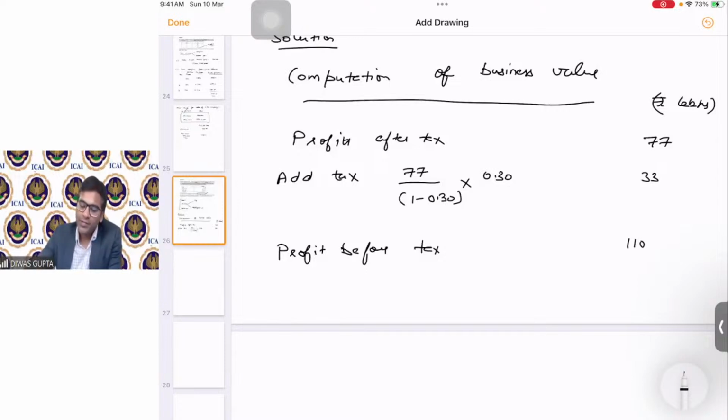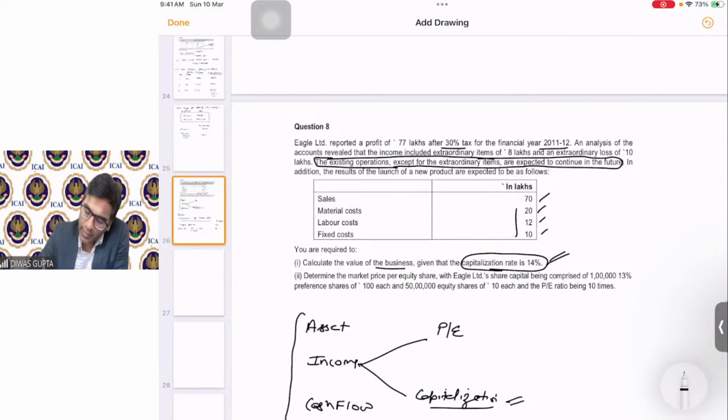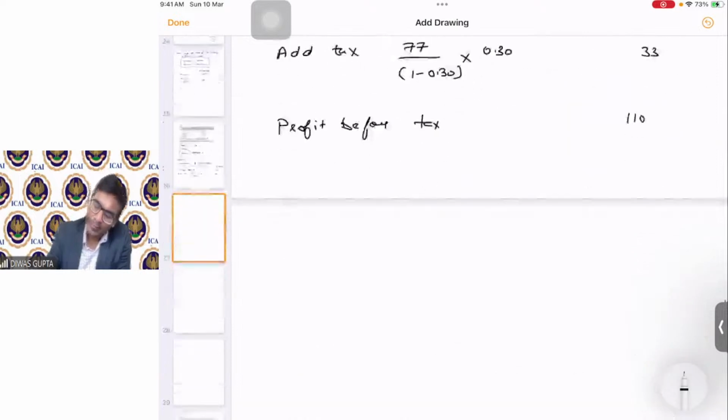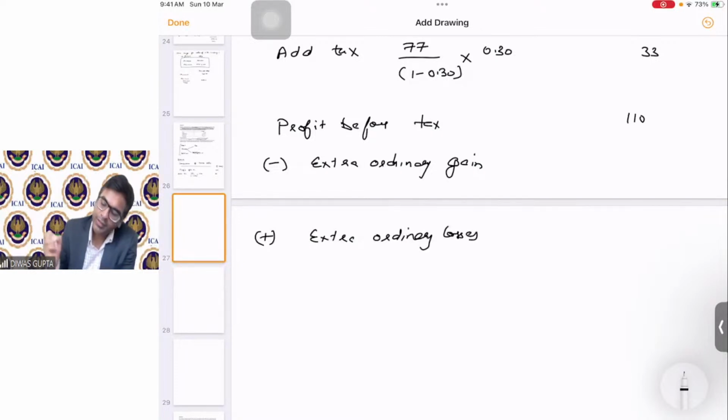Now, what all adjustments do we have to make, students? First of all, there is an extraordinary item of income 8 lakhs and a loss of 10 lakhs, right? So reducing extraordinary gain plus extraordinary losses.